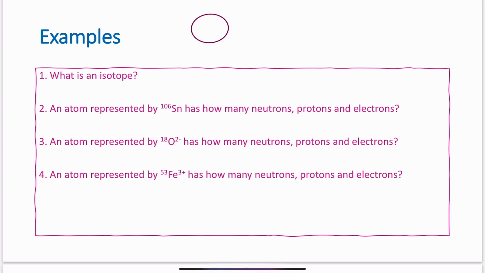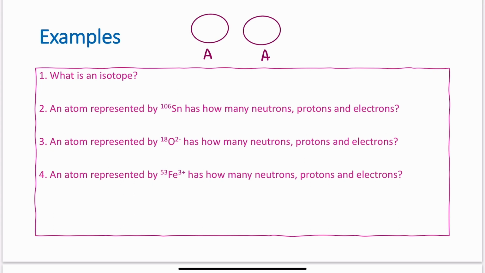If I have an atom of some element, and let's say I've got a second atom of the exact same element, I'm labeling it A as a placeholder. I'm not picking a real element here.